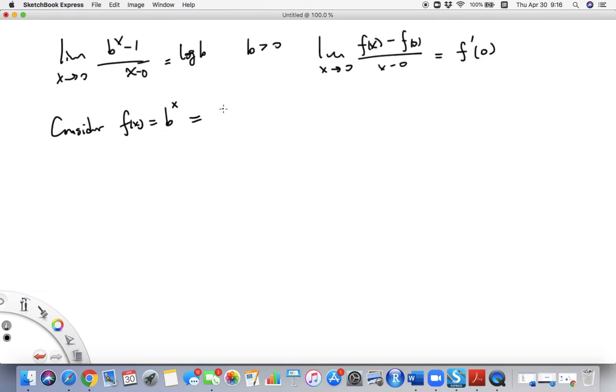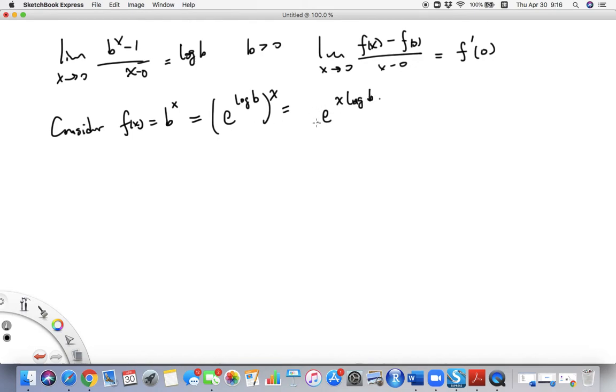So b, you can write it as e to the log. So log and ln are the same thing, right? I'm just going to write log for ln. So this is equal to e to the x log b, right?